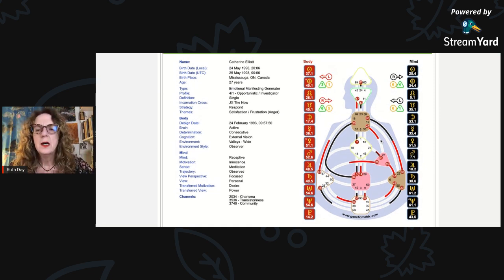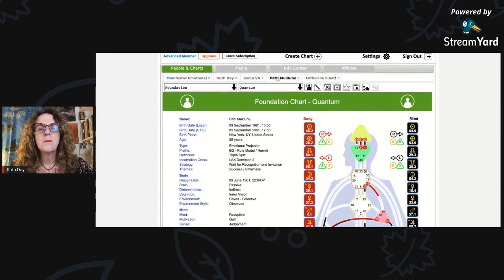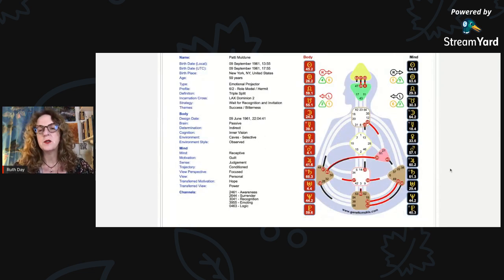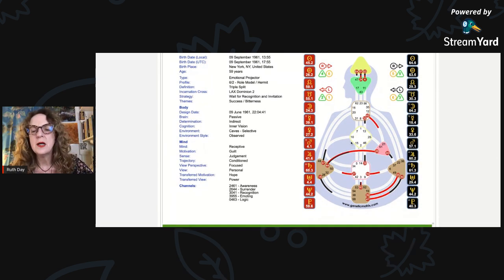Then you're done. So the one other type is called a projector. And again, this is all deductive logic. This person is a projector because, all right, not a generator because the sacral center is not defined. Not a manifestor because the throat is not defined.